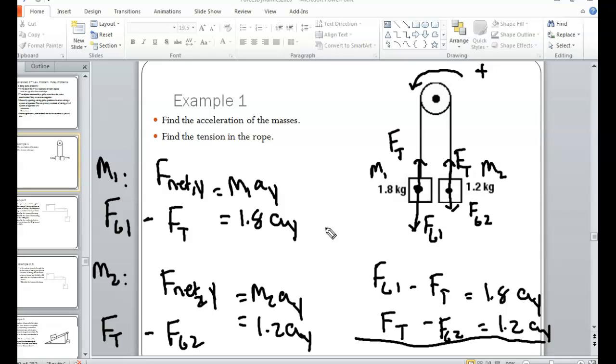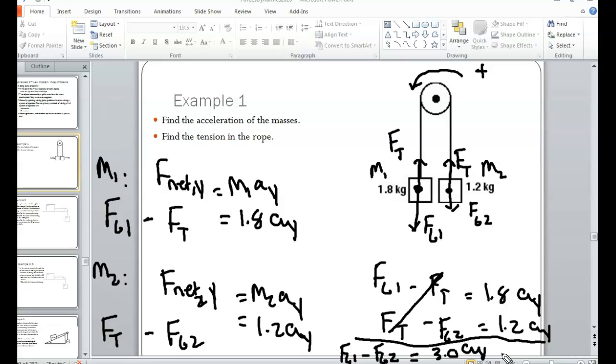So when I add this first equation to the second equation, I have negative Ft plus positive Ft, and when I add those equations together, those two cancel out. And so I end up with Fg1 minus Fg2 equals, and remember I'm just adding the top equation to the bottom equation, these are like terms now, 1.8 plus 1.2 is 3, and so that would be 3.0 ay.